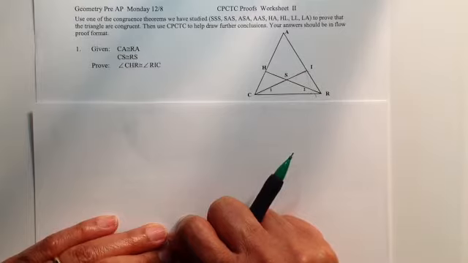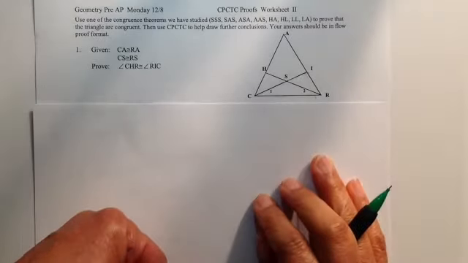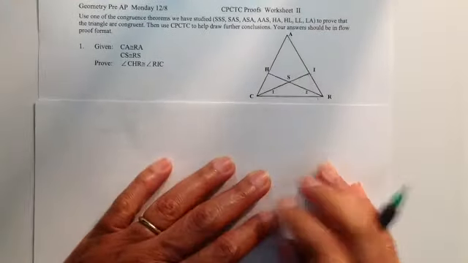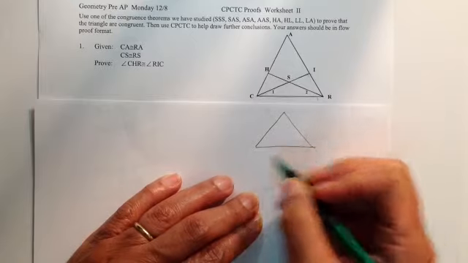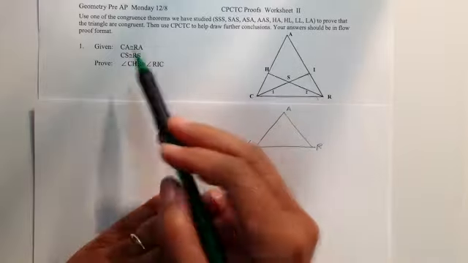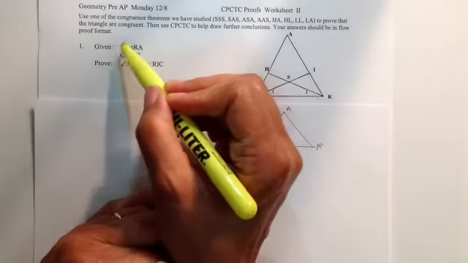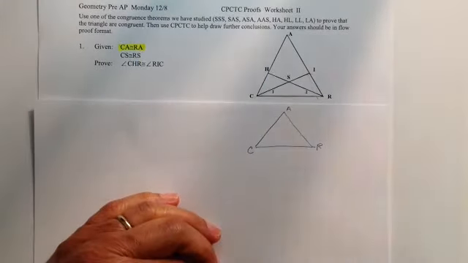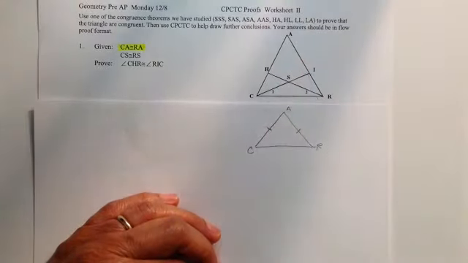The big thing when we're dealing with these triangles is to be able to pull apart the triangles to see what you've got. So when you have a lot of triangles like this, it's not a bad idea to draw some pictures or pull apart the triangles into a couple of triangles, especially when your given statement is talking about congruency of two sides of this big triangle.